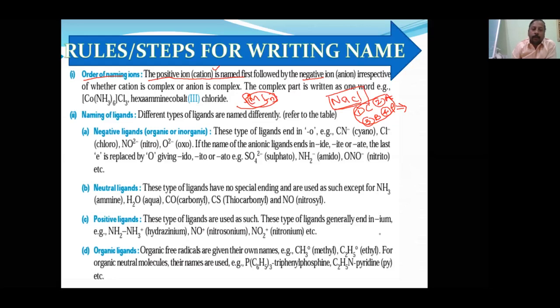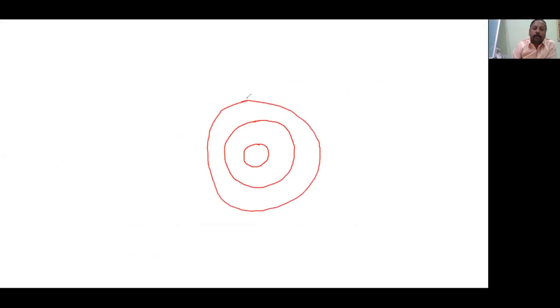The total coordination complex can be assumed as three concentric spheres. How many concentric spheres? Three concentric spheres, all of them spherical, not circular. I'm drawing circles because it is a two-dimensional figure. Now the center will be the metal ion. Understood?